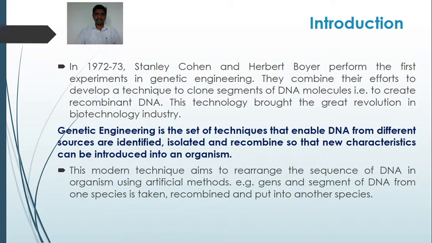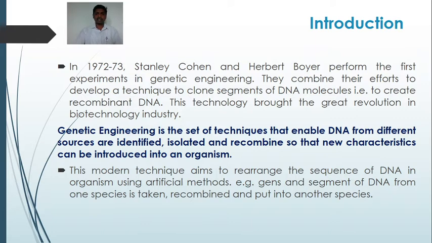If you take again the example of Bt cotton, a gene was identified in Bacillus thuringiensis that confers resistance to the bollworm. That gene is first identified in the source organism, then isolated and transferred into the cotton genome.